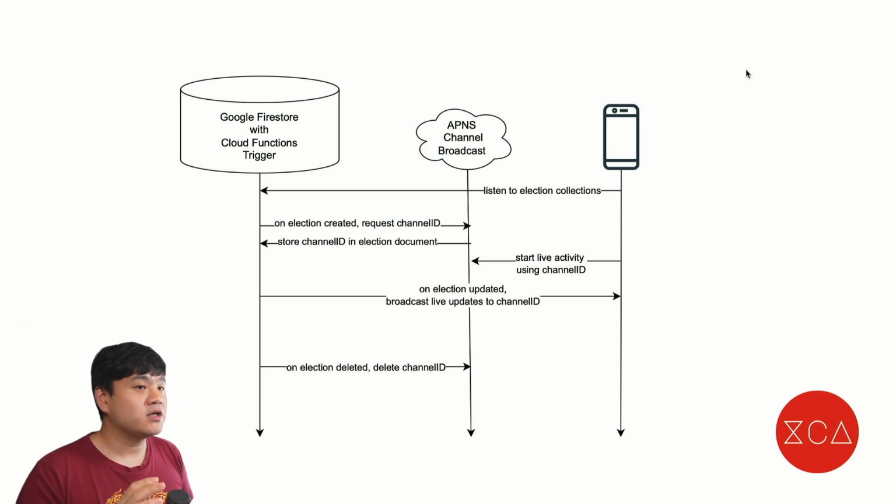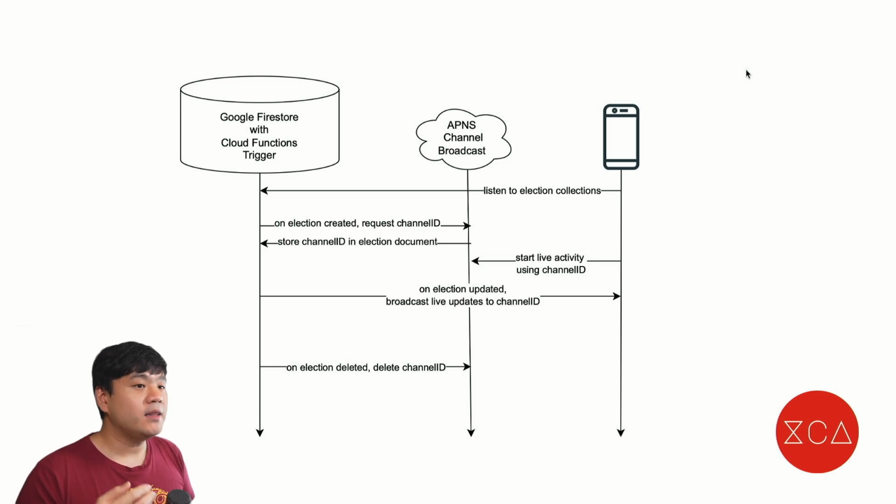When an election is created, it will trigger server code to create the channel ID using the APNS channel management API. Then it will write back the channel ID to the election document in the database. APNS channels support up to 10,000 channels, for production and also development.